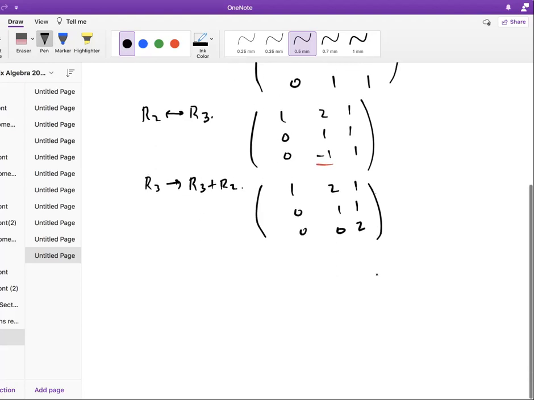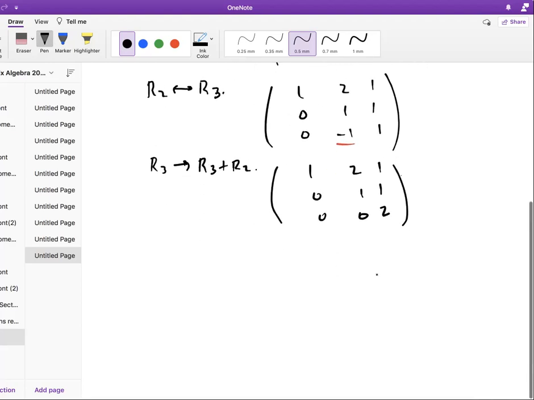Okay, now what? We're doing reduced row echelon form. Yep, half row 3. This puts it into Gauss, puts into row echelon.